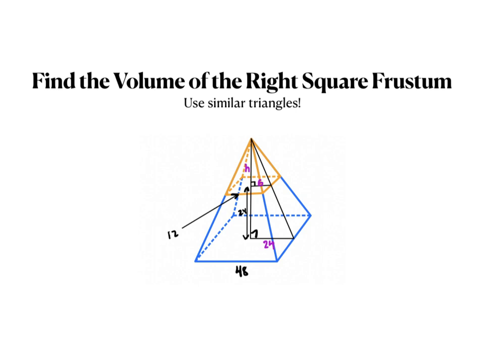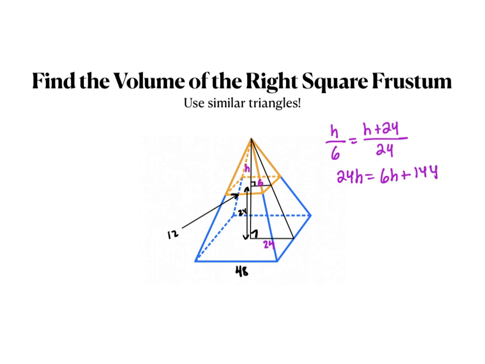So using the similar triangles, H is to 6 as H plus 24 is to 24. Long leg is to short leg as long leg is to short leg. Now we can cross multiply and solve for H. So I'd have 24H equals 6H plus 6 times 24, which was 144.